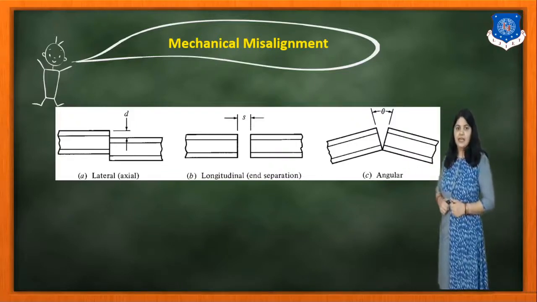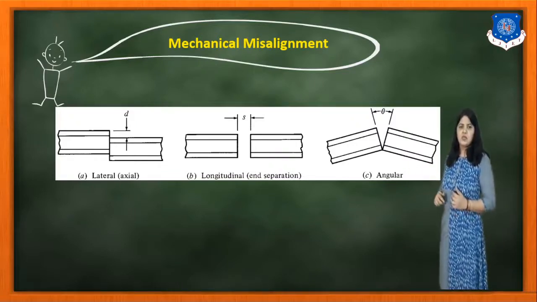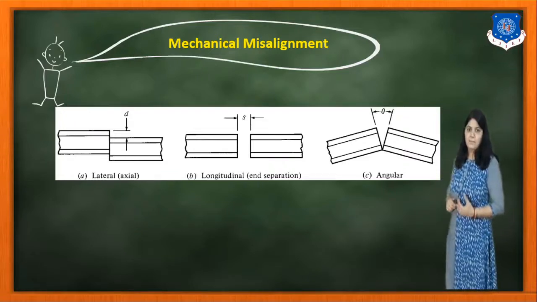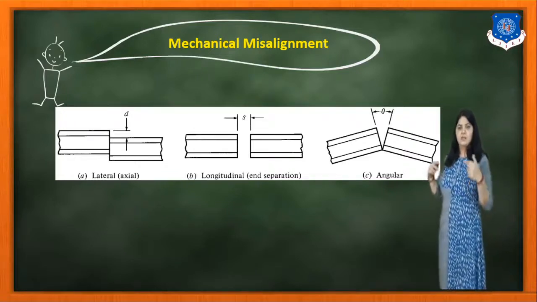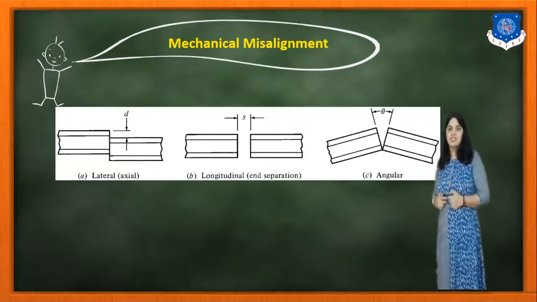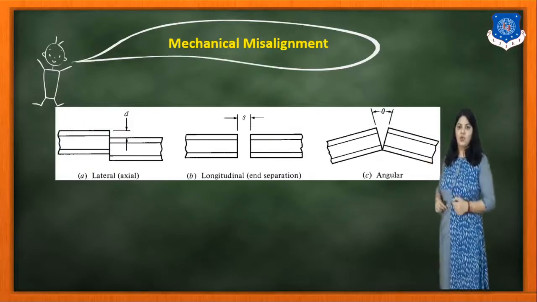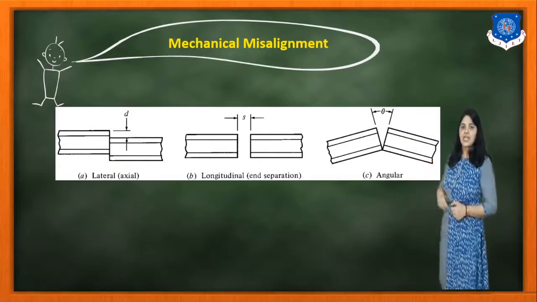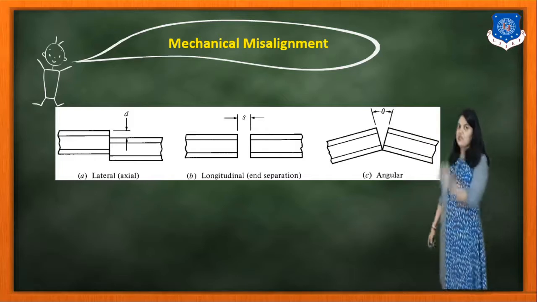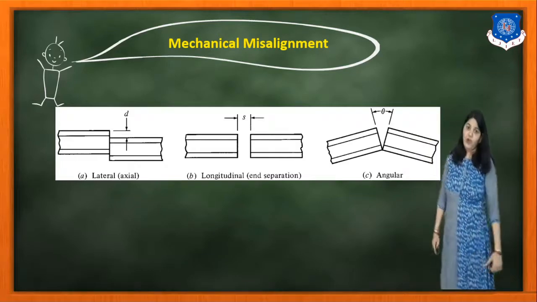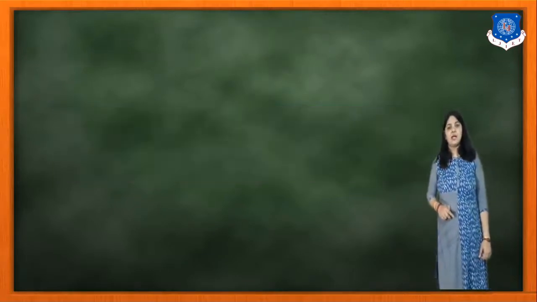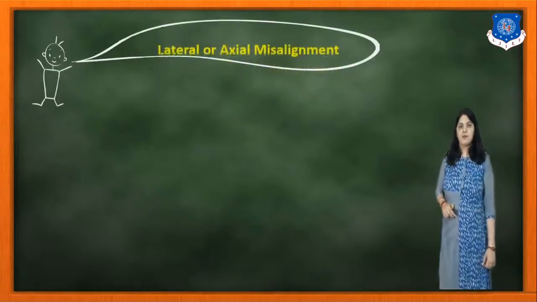In the second diagram, the longitudinal, that is the end separation, the fibers are separated by a distance d. And in the angular case, there is an angular gap theta between the two fibers, due to which loss arises in the fiber.